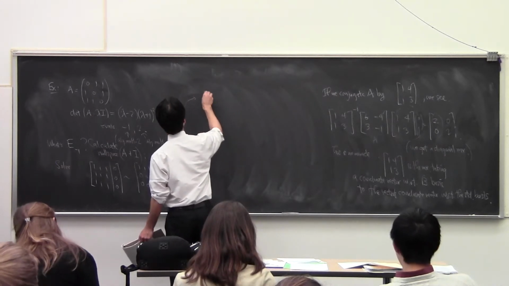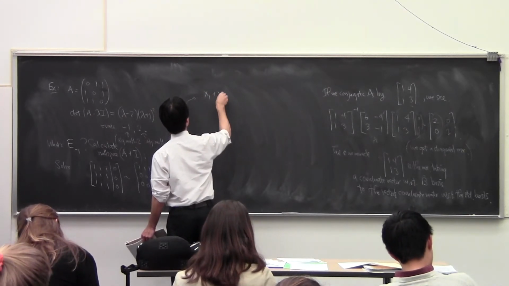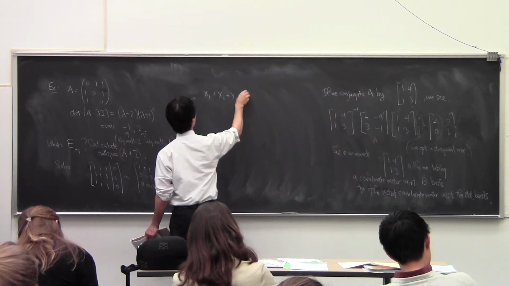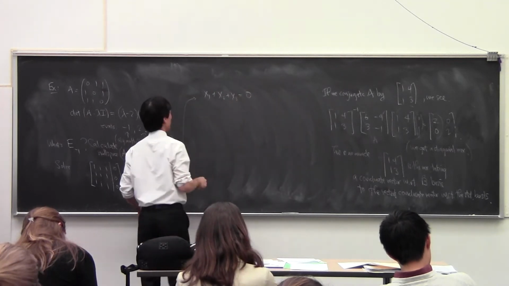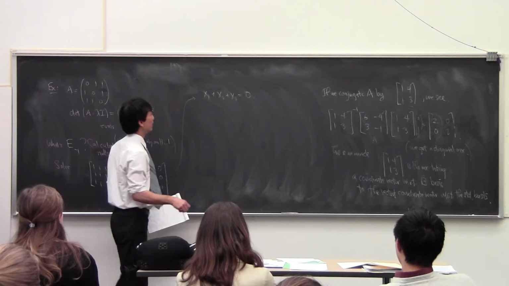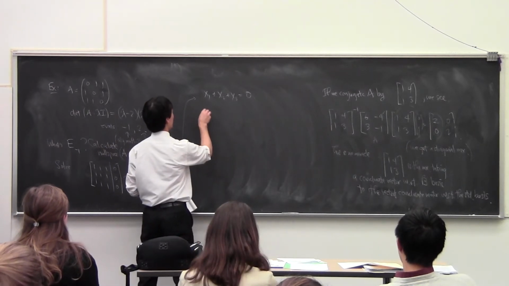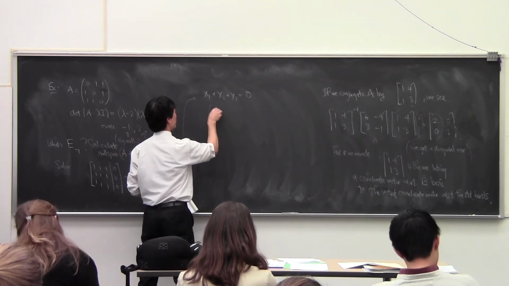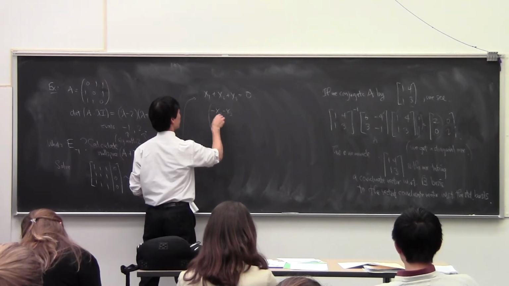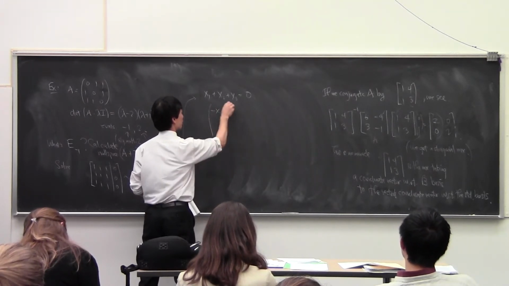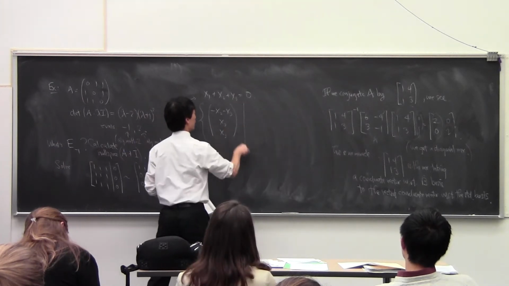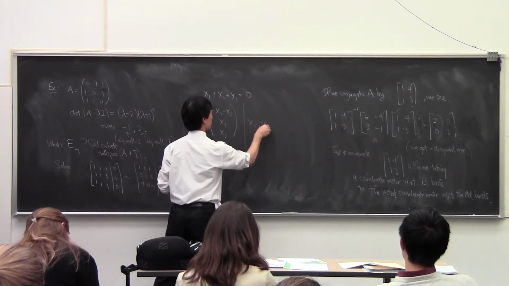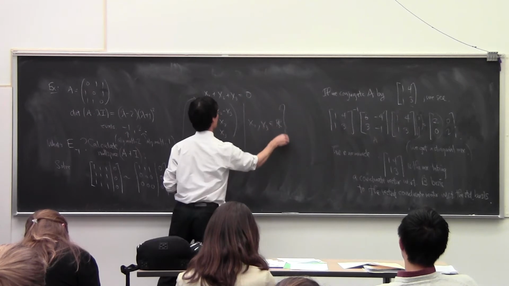So what you see is that x1 plus x2 plus x3 must equal 0, right? That is to say that any solution is going to look like minus x2 minus x3, x2, x3, where x2 and x3 can be any number.